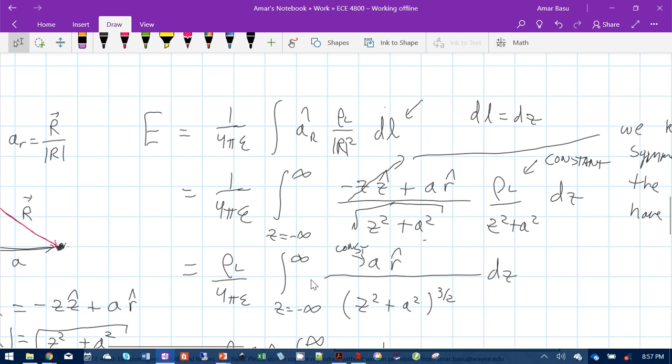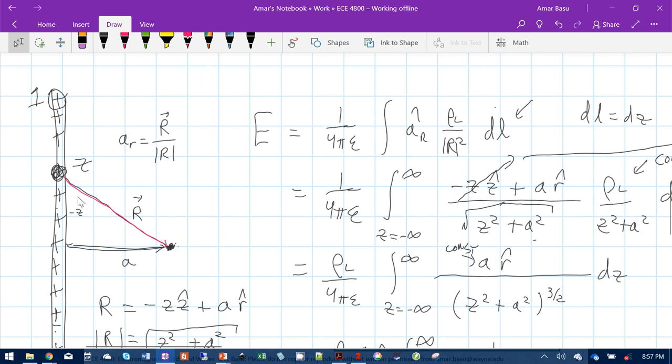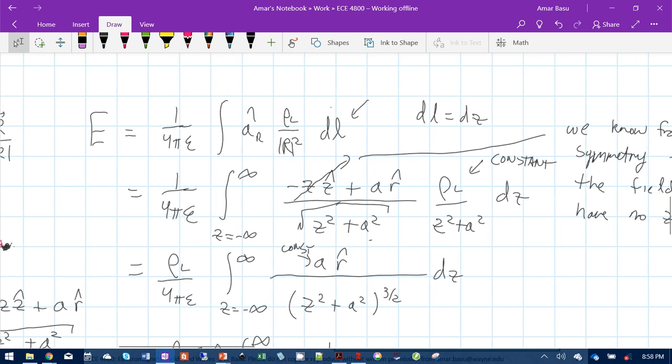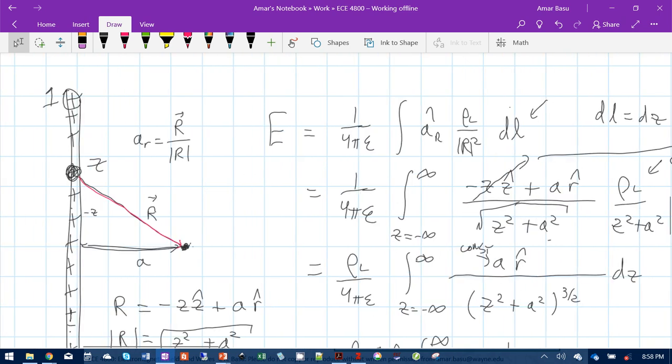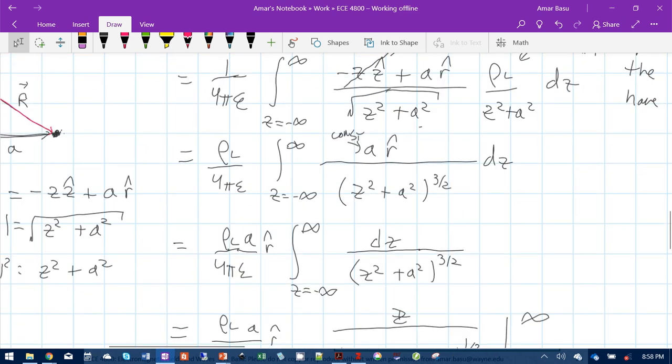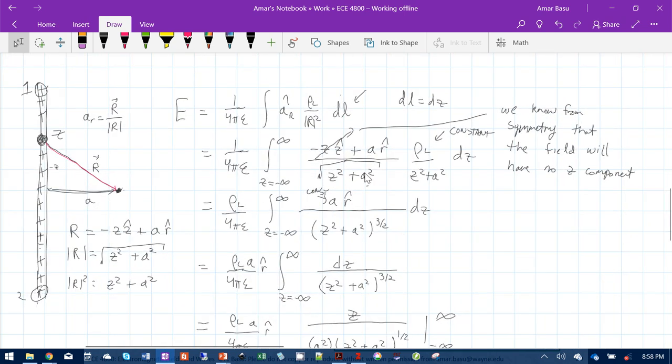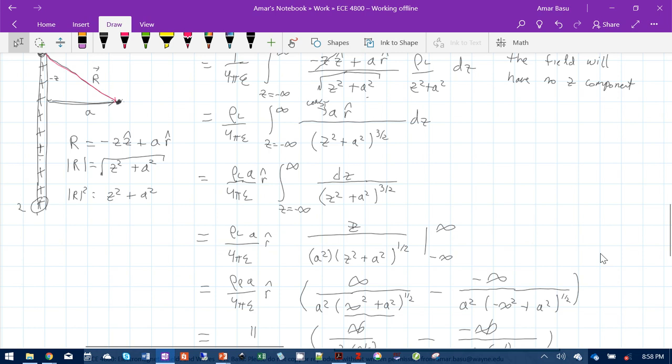This AR is the unit vector pointing from some point z to the observation point. We found the magnitude of r squared using the Pythagorean theorem, z and a. So we figured out AR, we figured out dL, and then the rest just becomes math.